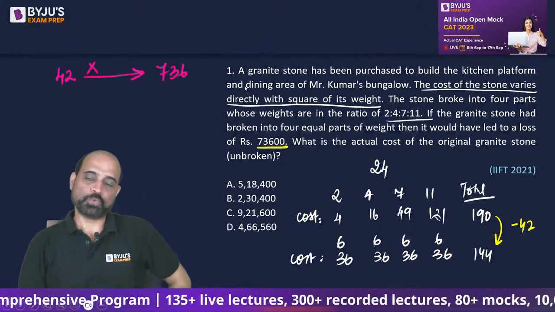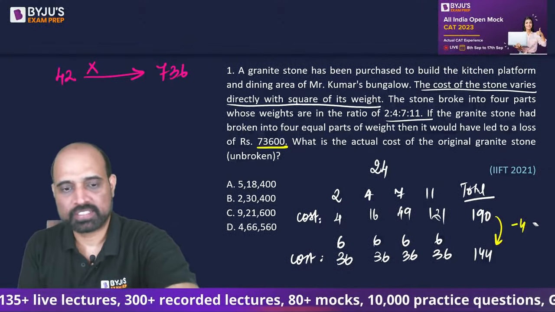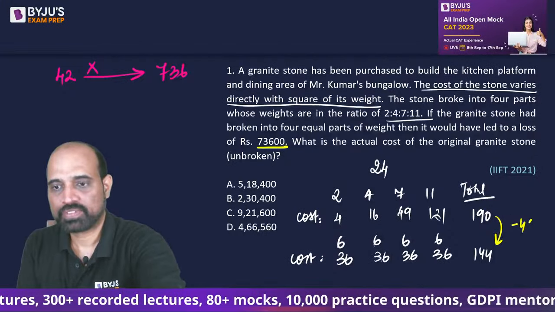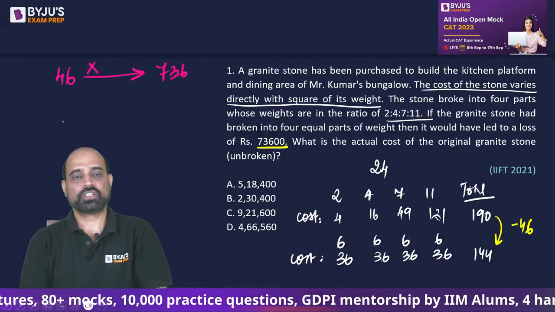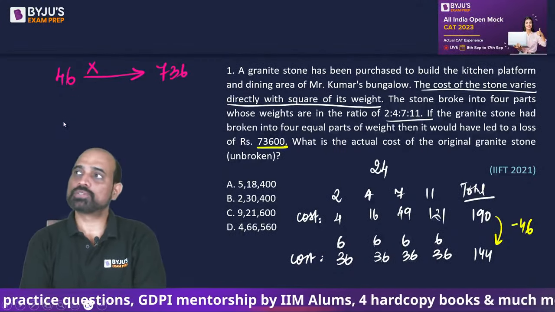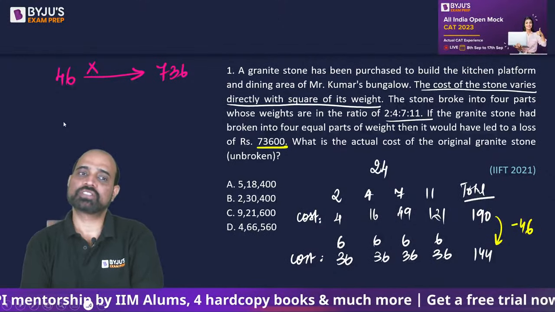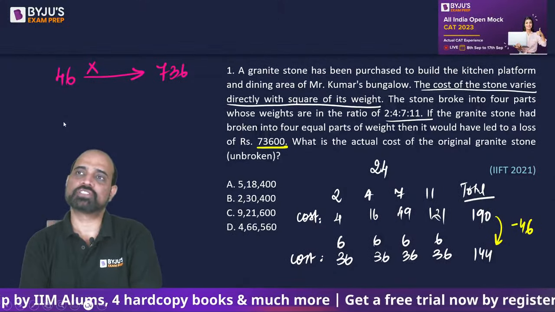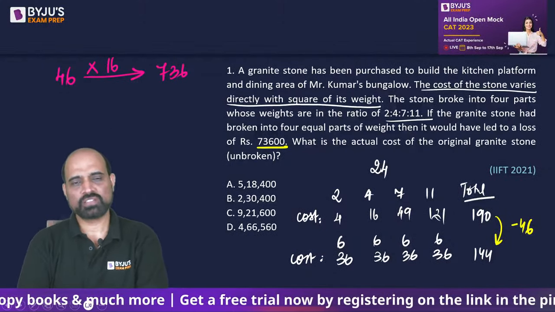It's not 42, no, this is 46. Sorry, this is 46. So the question is 46 into what? Now this is going to be 46 into 10 is 460 and 46 into 6 is 230, which is 6. 16 times होना चाहिए?